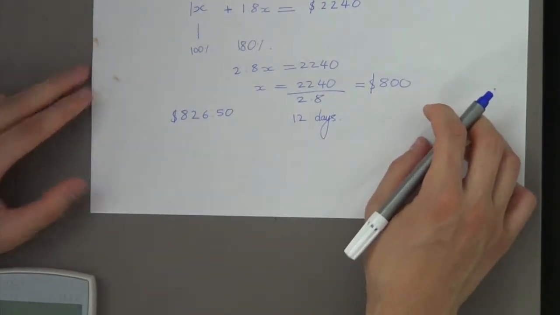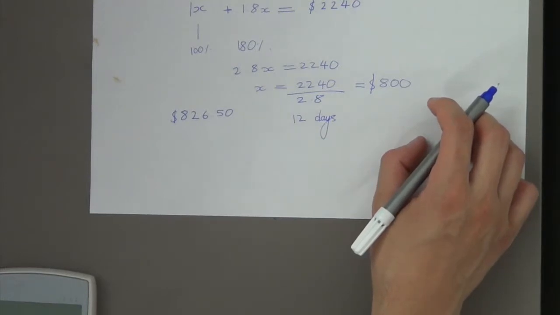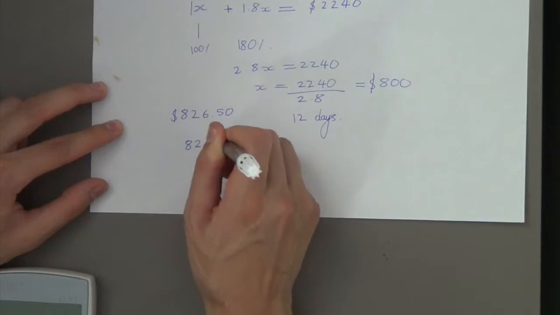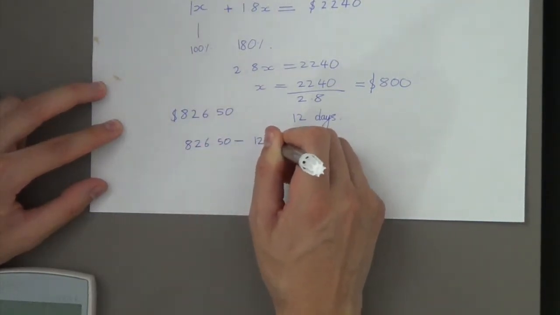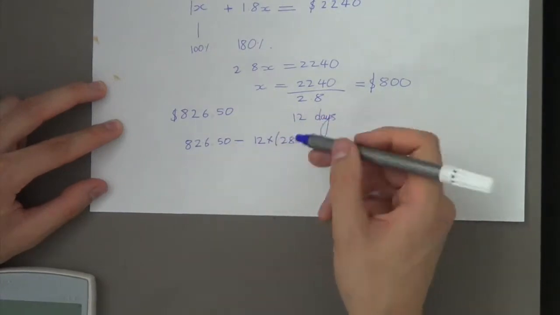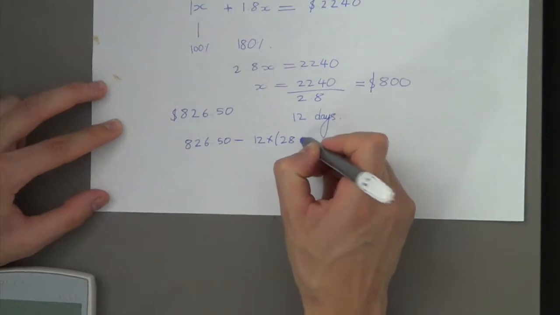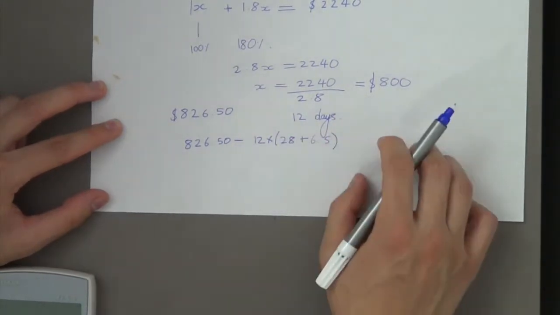Now, we know that it costs $28 per day plus $6.50 per day insurance. So what I'm going to do is 826.50 minus 12 times that 28, because we're going to break down the cost now. So it's 28 times 12 plus the 6.50 per day as well. So I'm going to times that by 12 as well.